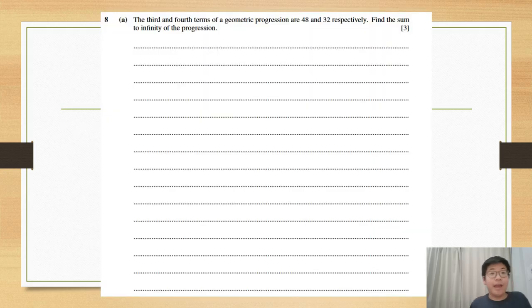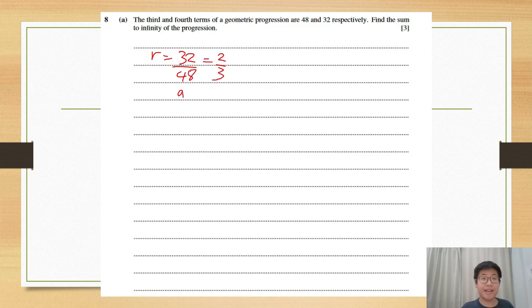The third and fourth terms of a geometric progression are 48 and 32. Find the sum to infinity. Aha! We see progression, we think progression. So we need to find the common ratio first. Given the terms, it's 2/3.